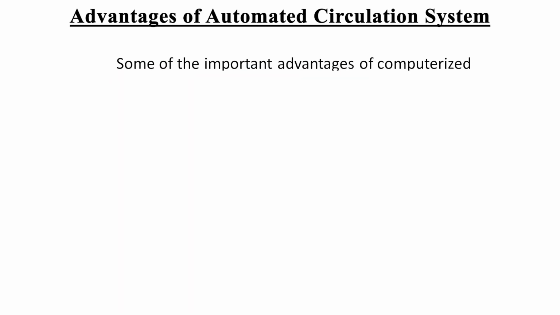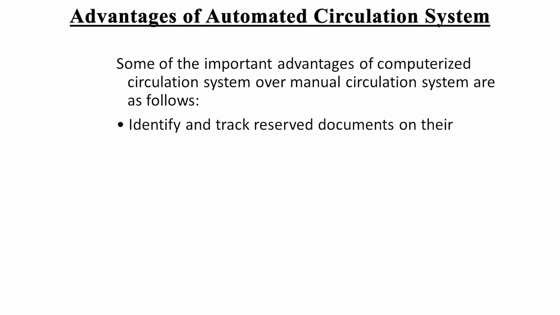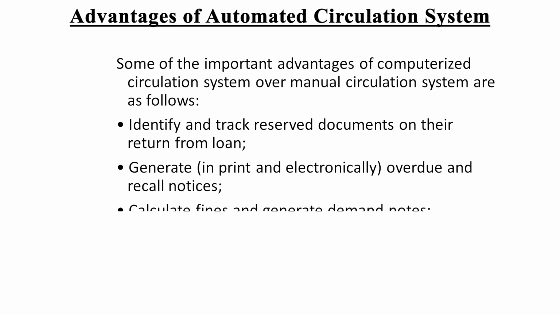Some of the important advantages of computerized circulation systems over manual circulation systems are as follows. We have to see why we should go for automated circulation systems. It is money consuming, so whether we should spend or not, these kinds of things we have to consider when we go for any online or computer based circulation system.